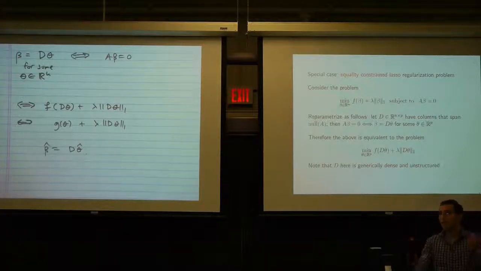So the basis for the null space that I get out is going to come back dense generically. So D is just going to be some big dense matrix that I know nothing about. Okay, so this is a pretty practical example of a generalized lasso problem where I won't have a nice structure to D, or at least I won't know if I have a nice structure to D.